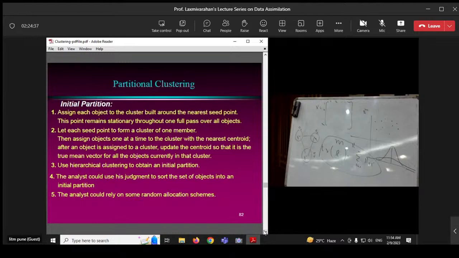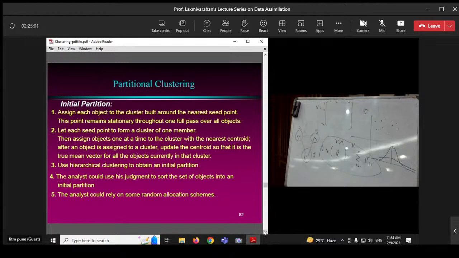So in that process, each cluster size varies. During that process, you have two choices. Either you can update the new seed point or keep the old seed point. Everybody with me, please. One choice is to keep the old seed points. These are all ideas.